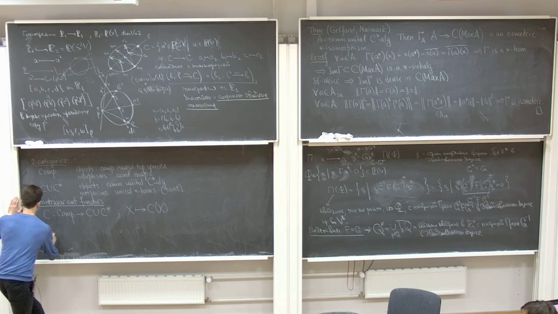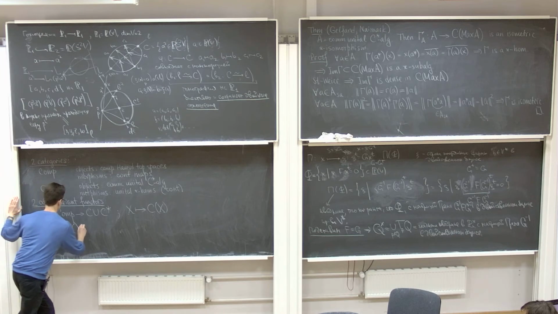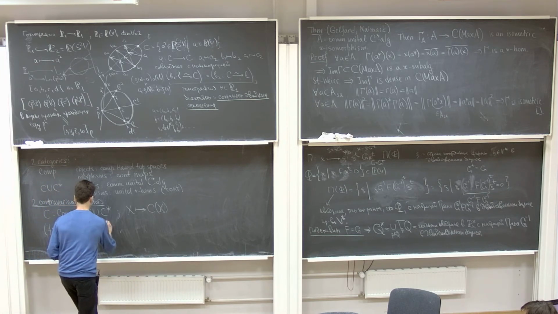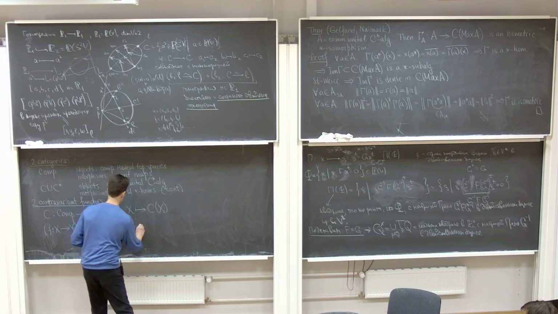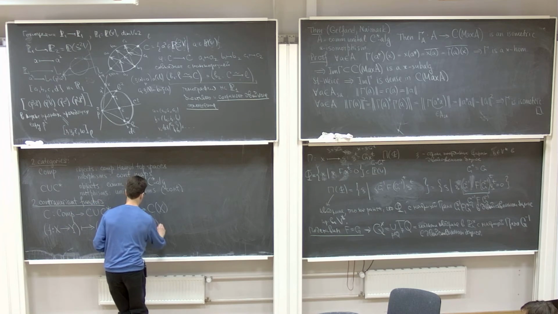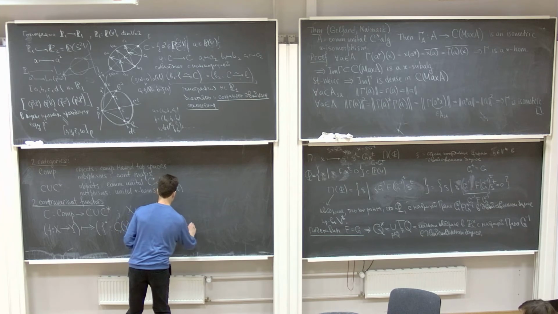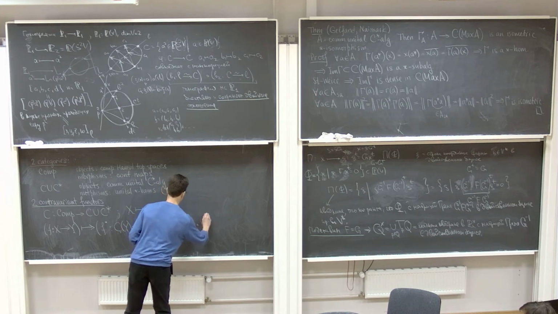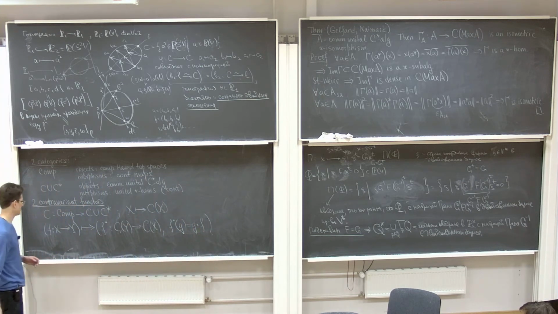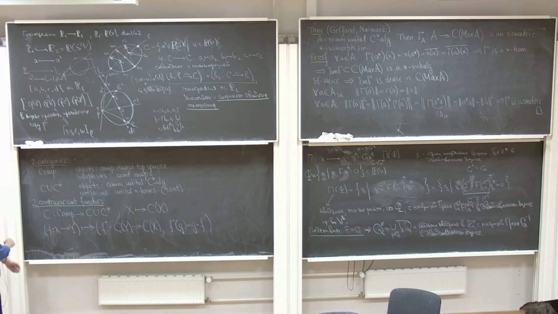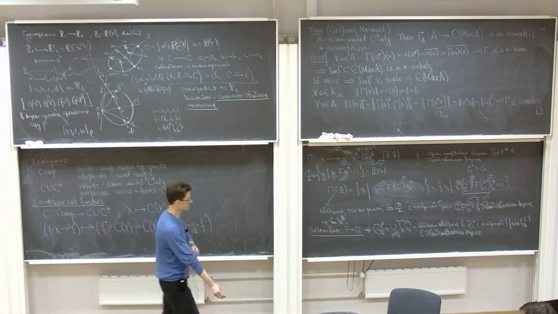You have a continuous map f from X to Y. Then our functor takes this map to the induced homomorphism f-dot from C(Y) to C(X), which takes each continuous function g on Y to g composed with f. Clearly, this is a unital star homomorphism.